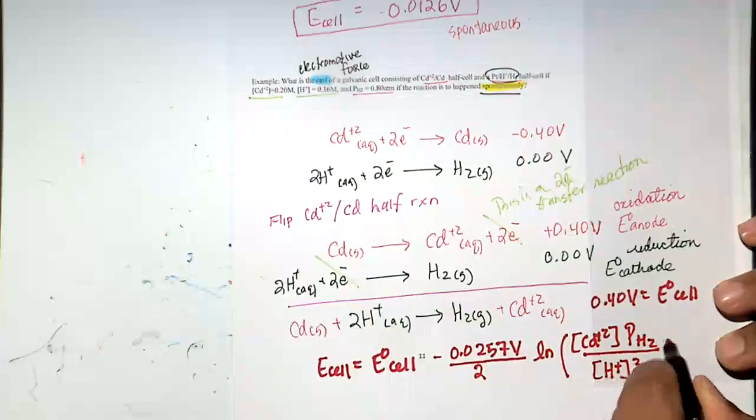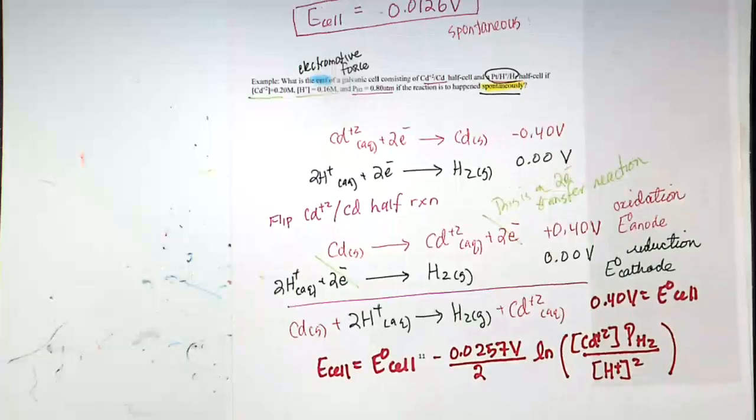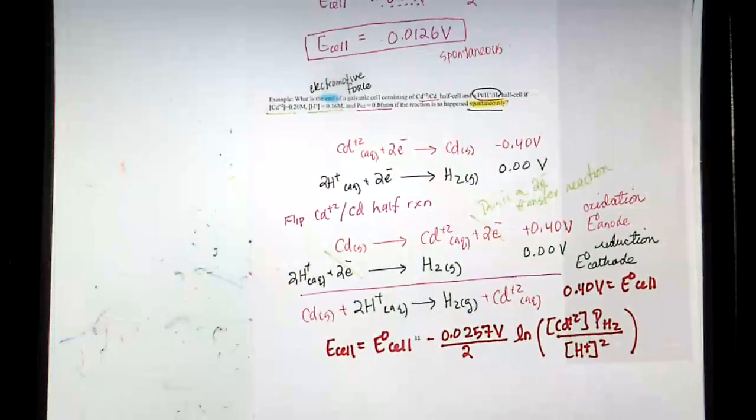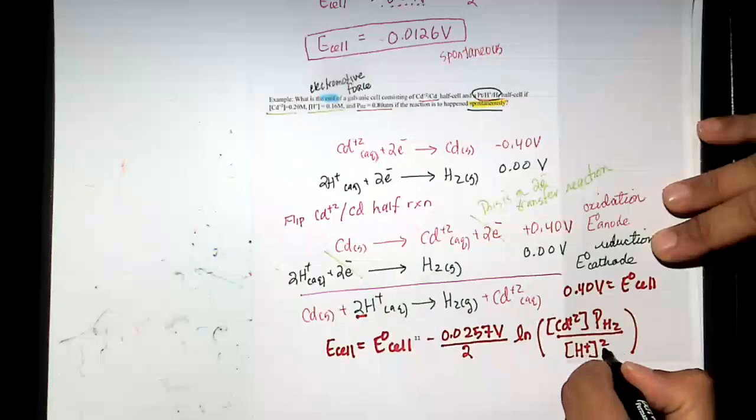I should square that H+. Everyone see why I'm squaring the H+? I have to square the H+ because we have 2 of those.